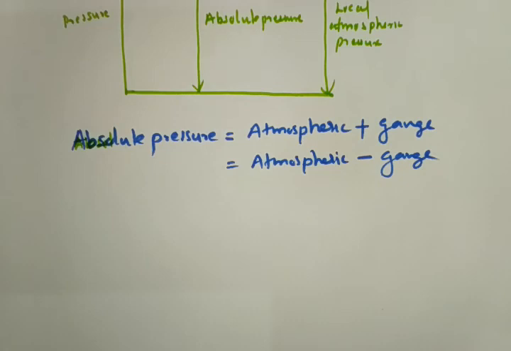When the gauge is open to the atmosphere, the reading will be zero. It is adjusted to the local atmospheric pressure, and there is no difference in pressure. So only if a difference is there will the pressure gauge read a value.